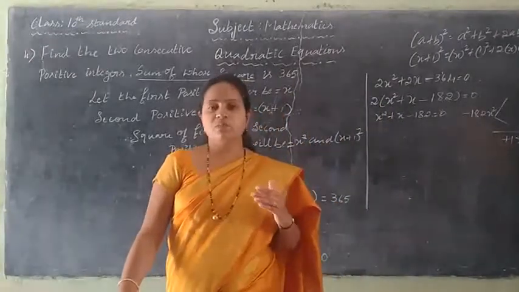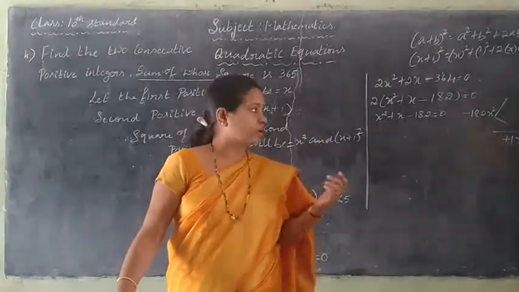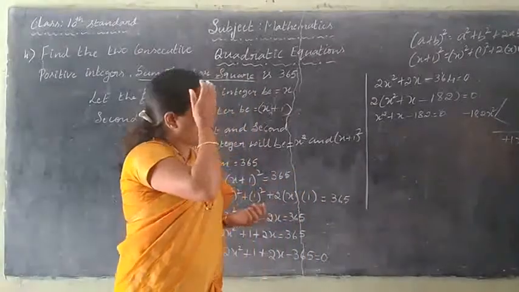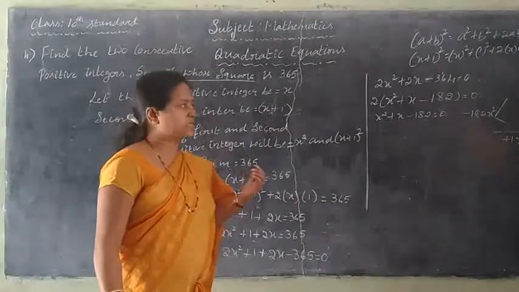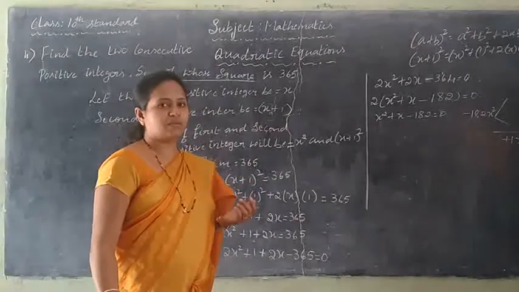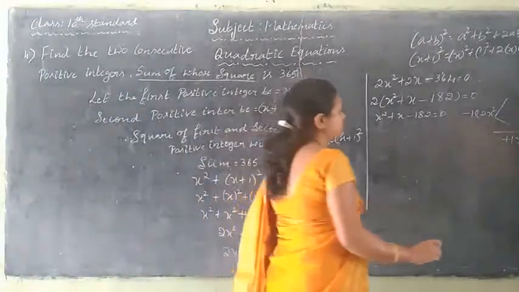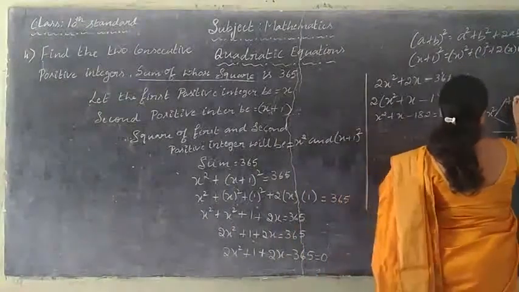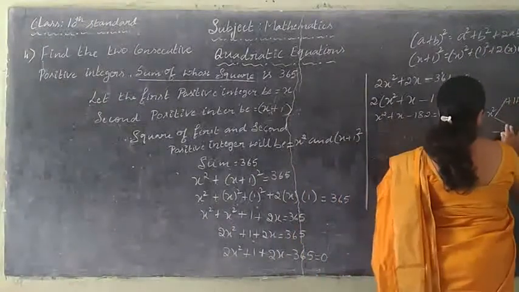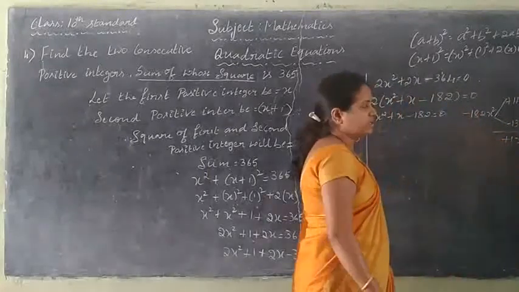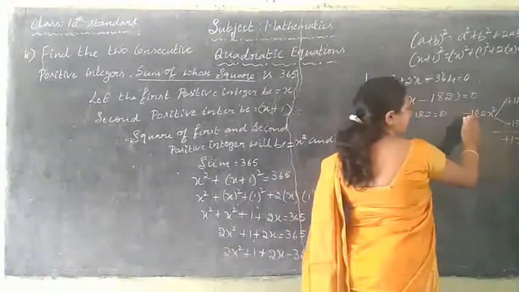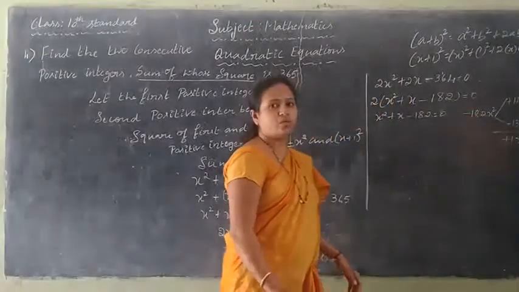When we multiply, we should get minus 182x square. When we add or subtract, we should get 1x, children. So we take it as plus 14x and minus 13x. Plus into minus is minus, 14 times 13 is 182.